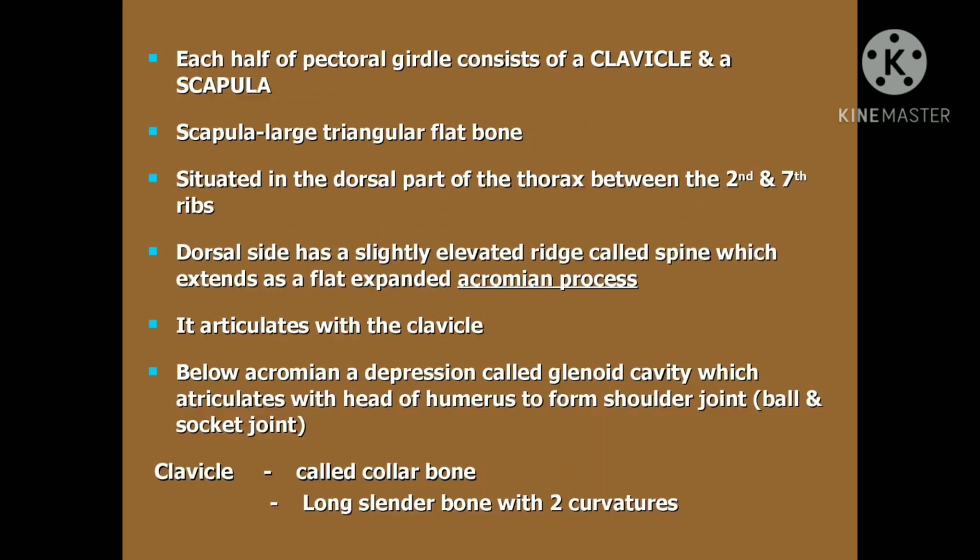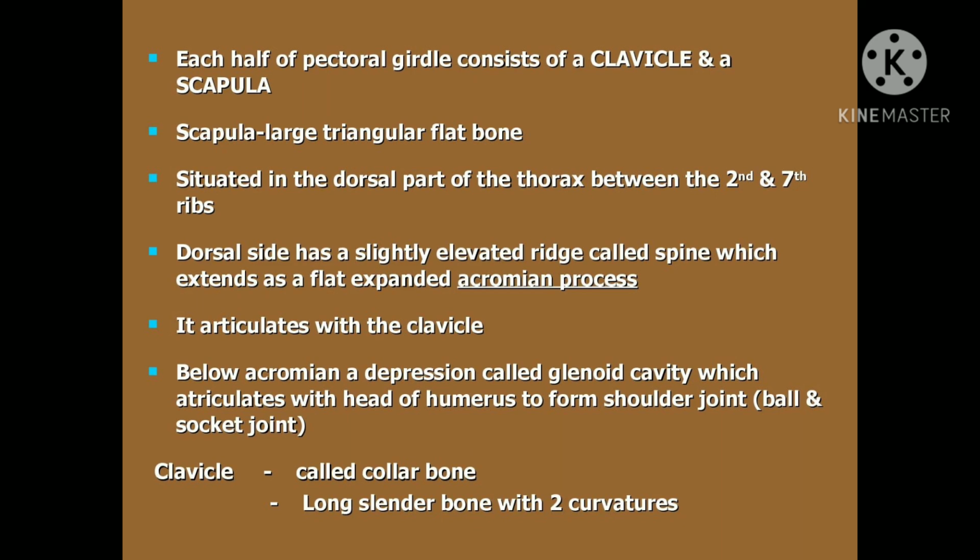Each half of the pectoral girdle consists of a clavicle and a scapula. The scapula is a triangular flat bone situated in the thorax between the second and the seventh rib. It articulates with the clavicle.